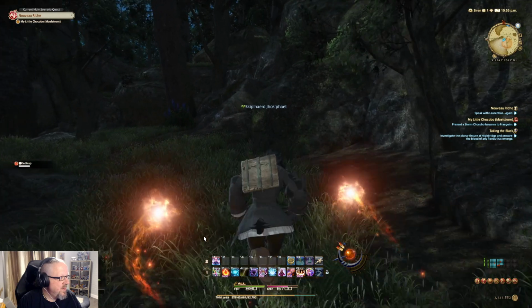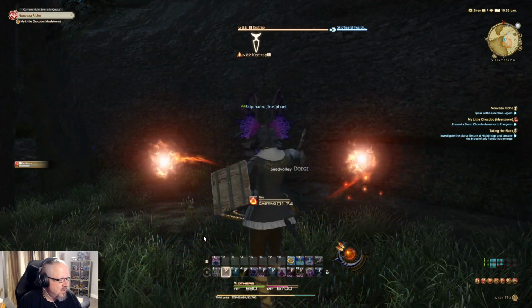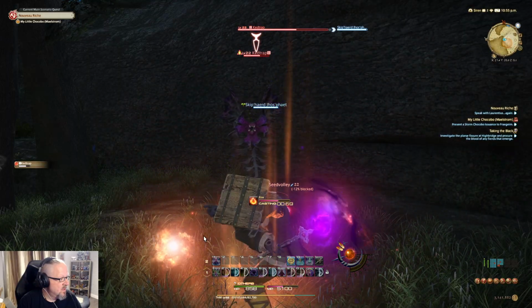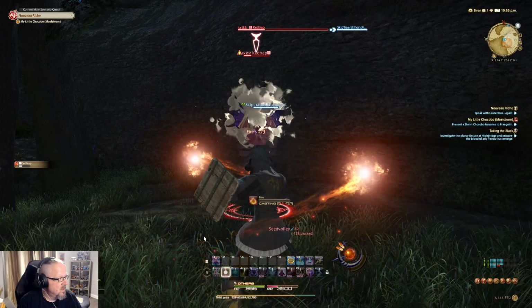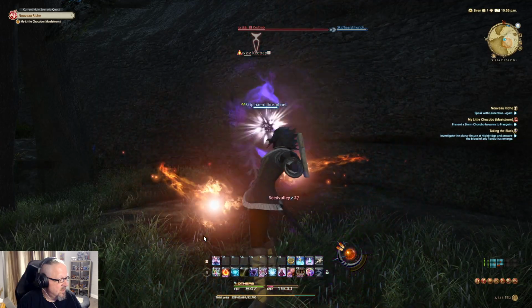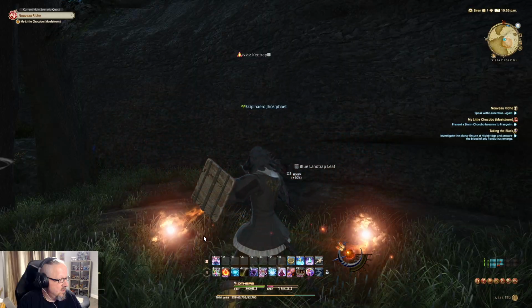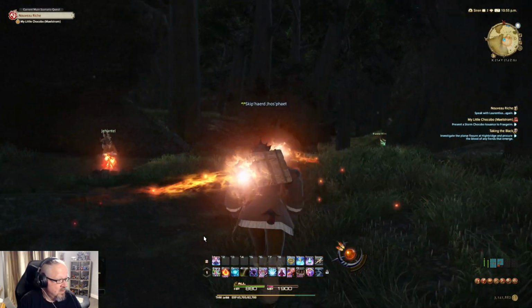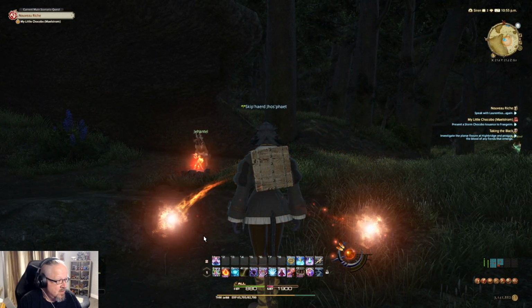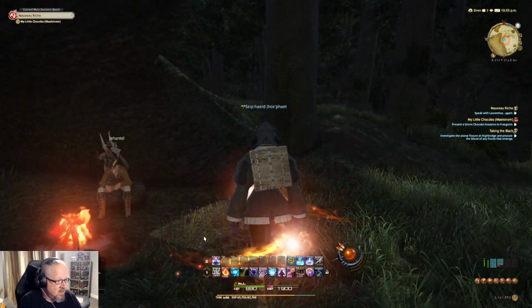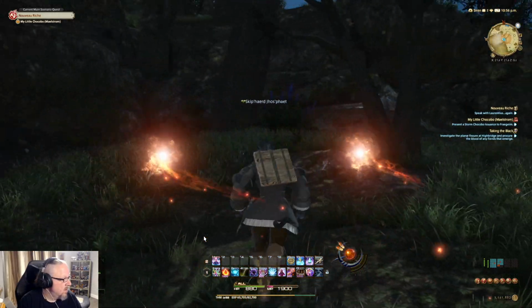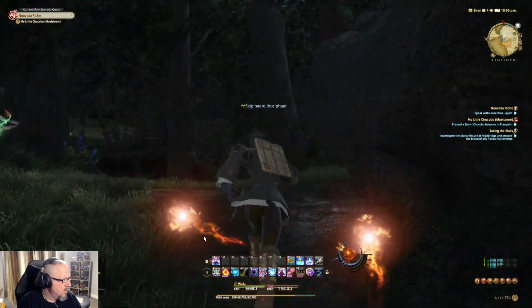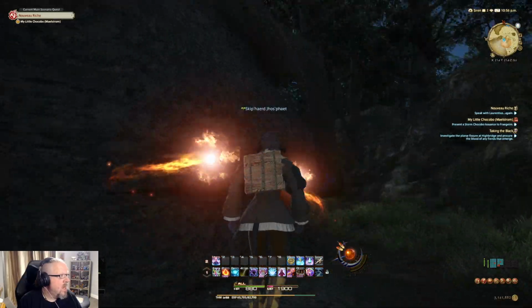I'm using my mini map, you guys. Ah, up there.